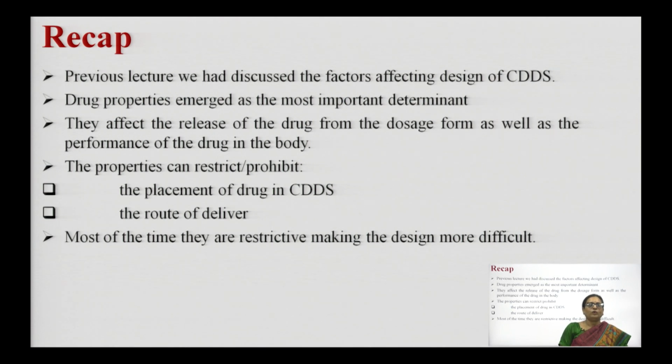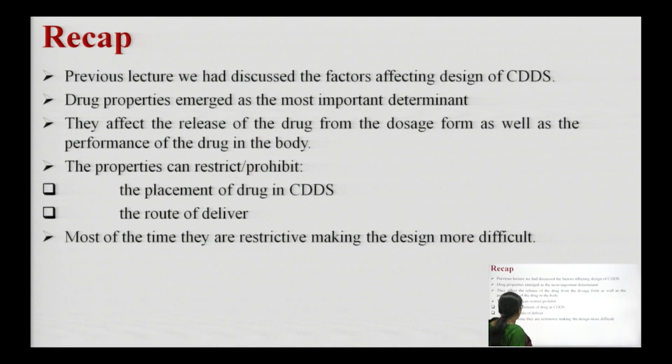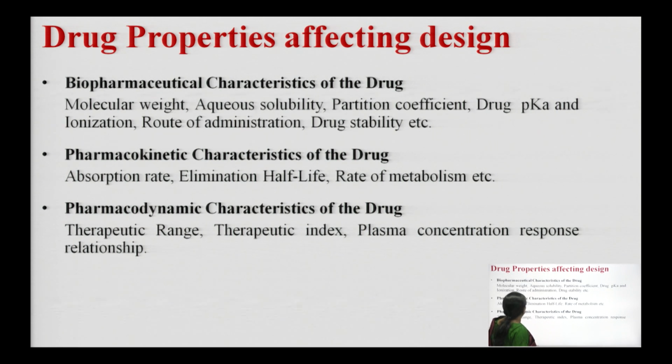Today's lecture would be focused on the drug properties and how they affect the design of controlled drug delivery systems. Drug properties have been classified into 3 categories for the purpose of study. They can be classified as biopharmaceutical characteristics of the drug.